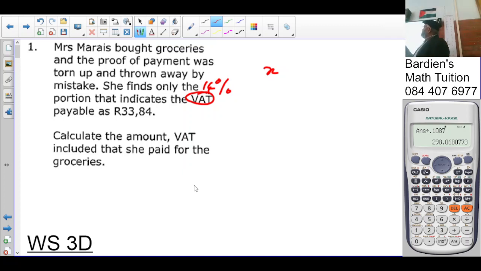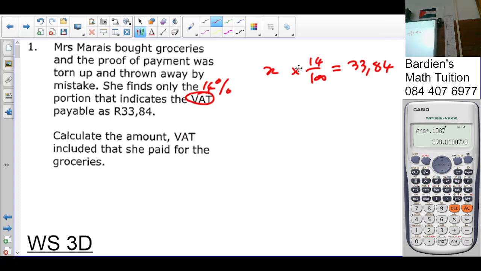So how do we normally calculate VAT? Whatever the amount is, what do we do? Multiply it by 14 over 100. Then we get the VAT amount. And what is the VAT amount here? 33,84. So how do I get the amount excluding VAT?